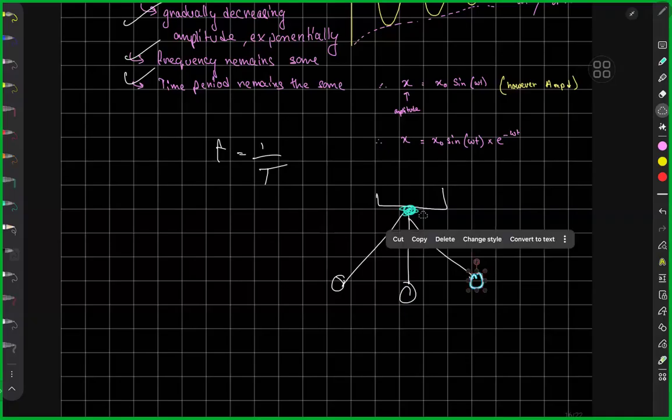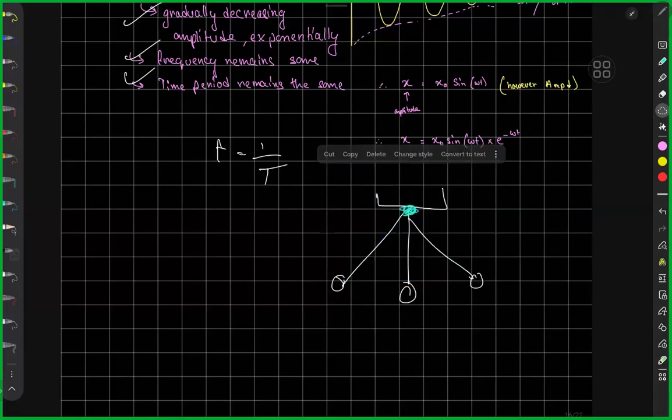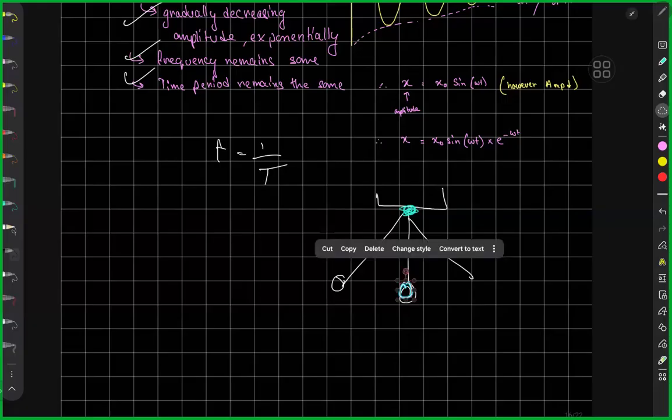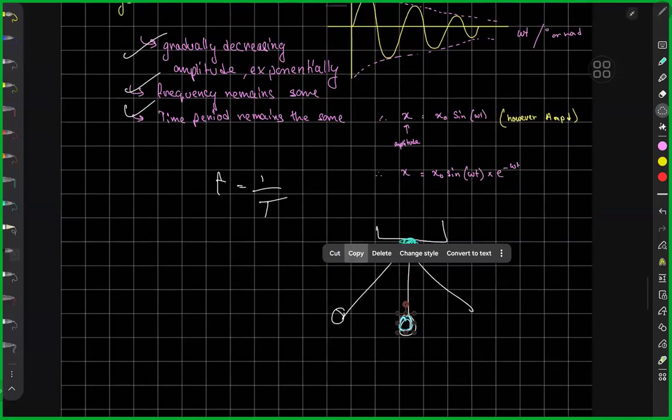Why? Because there's some sort of friction over here, some sort of obstruction, some sort of mechanism. Let's say there's a gear that is resisting the motion to the equilibrium position, and it is eating up that energy. So basically, in nature, what you asked right now, why does light damping look like that?